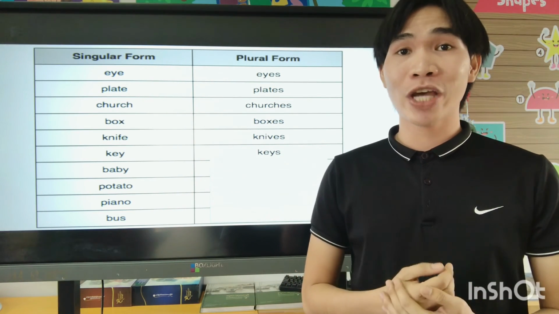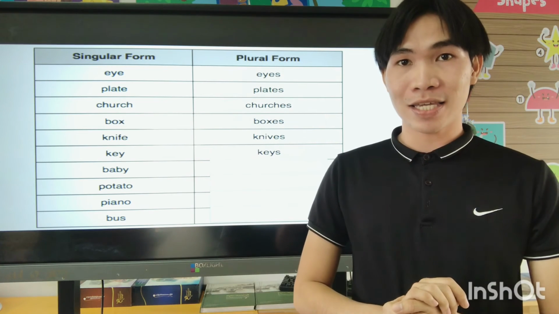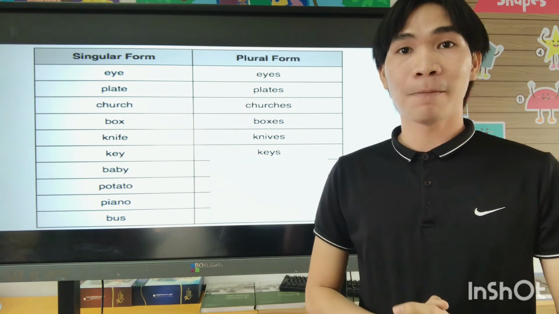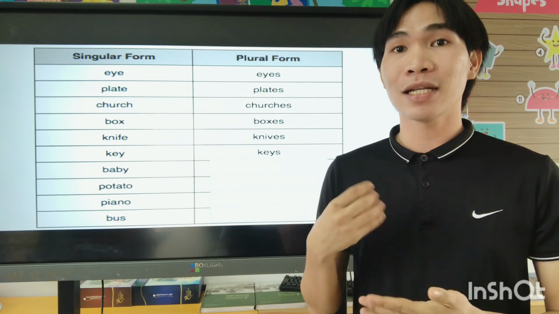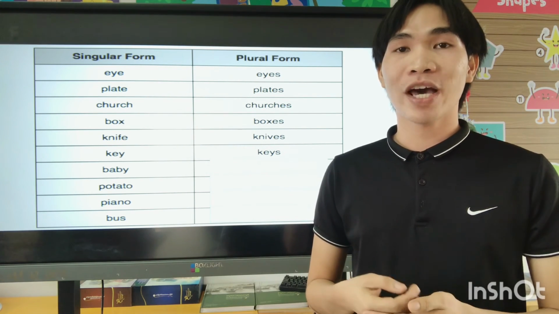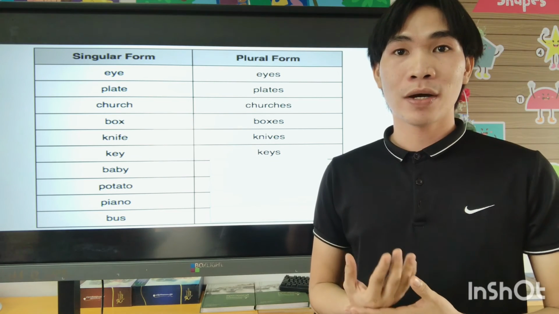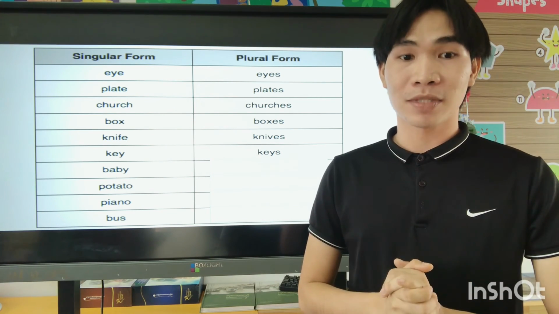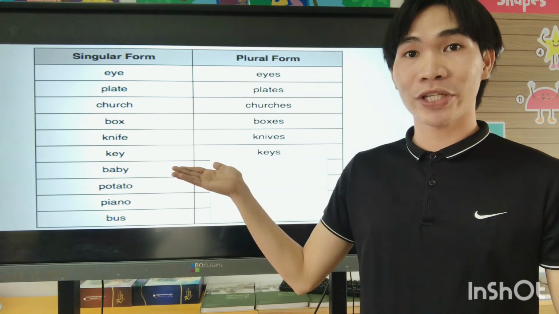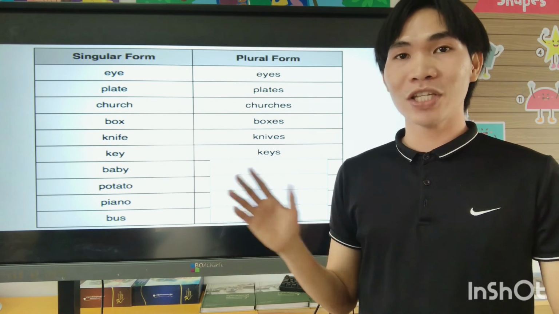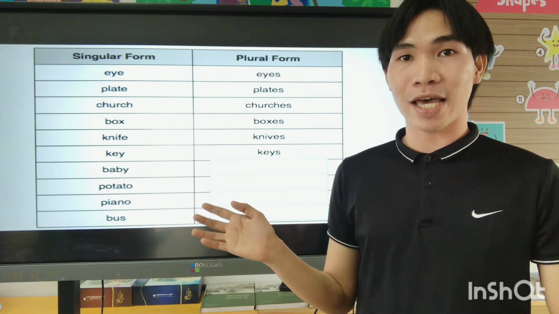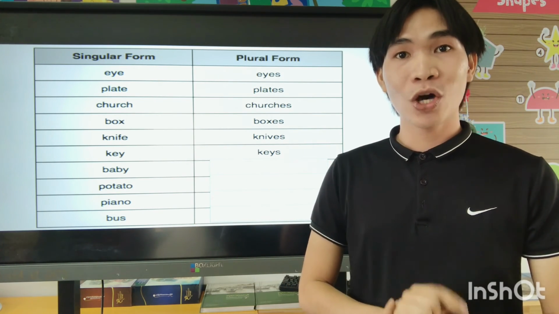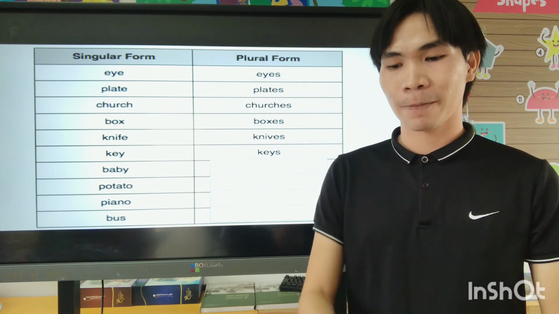We don't need to change Y to I and add ES. But most of the time, if the word ended in Y letter, we have to change them to I and add ES. But there are some words that are exempted. Example, the word key. So we don't need to change Y to I and add ES. Instead, we will apply the first rule, which is add S.